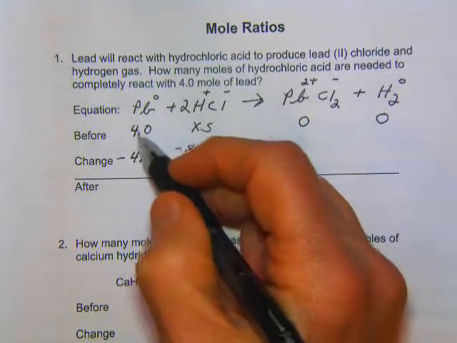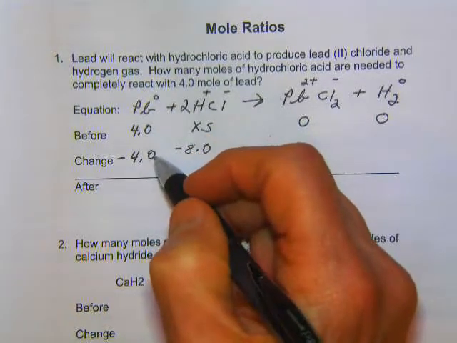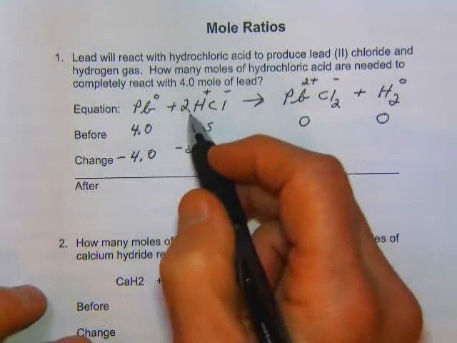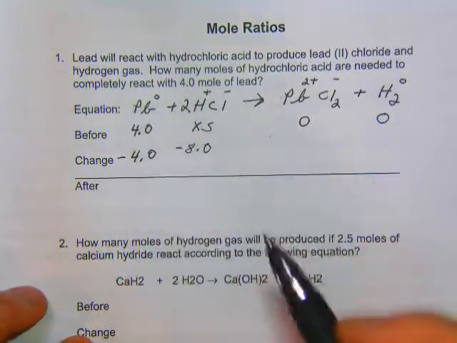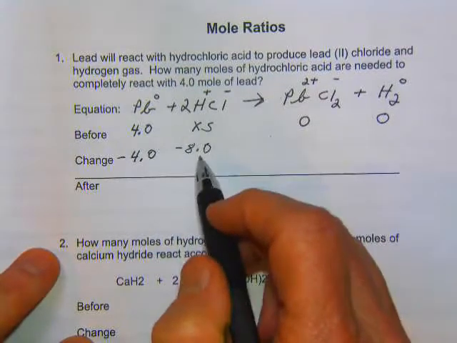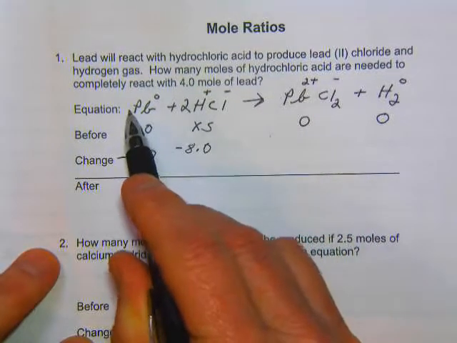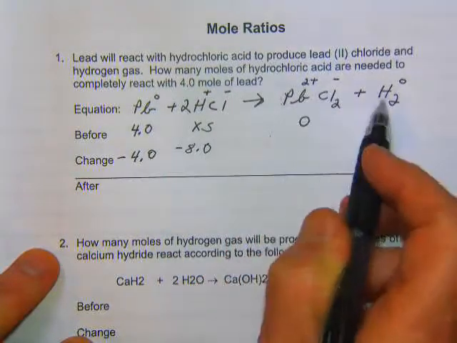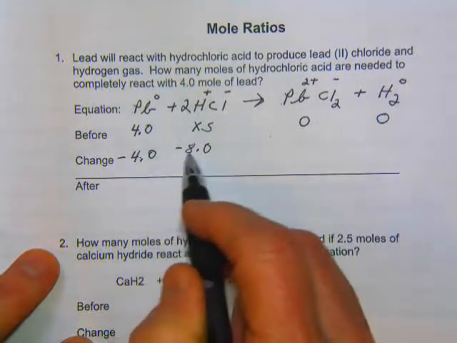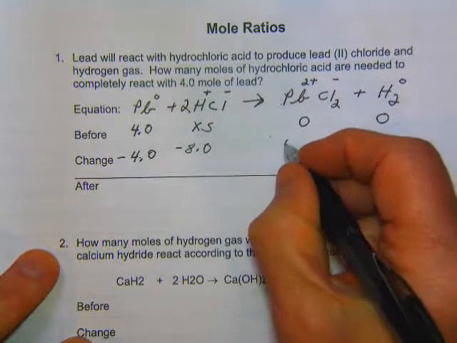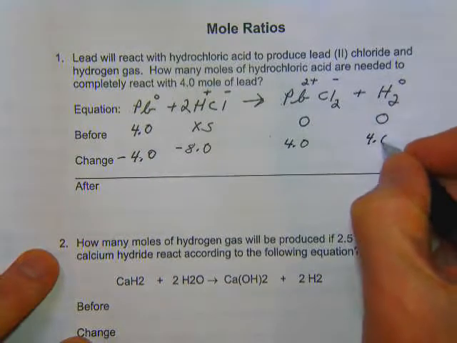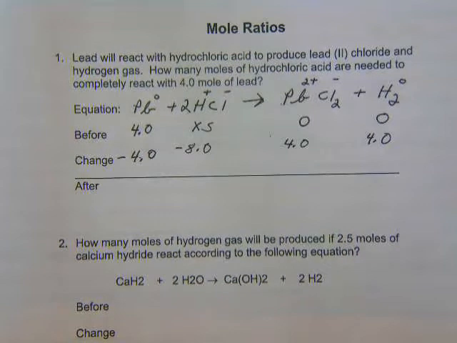If 1 mole is to 4, therefore we know that this is going to be twice the amount of this one. And we can go ahead and carry it out through the rest of this. If this is 1, this is 2, this is a coefficient of 1, 1. So it's 4 to 8 to 4 to 4. So that is our change.